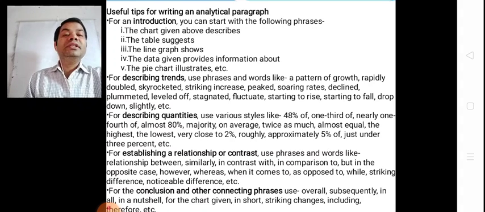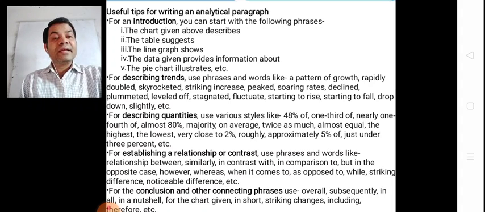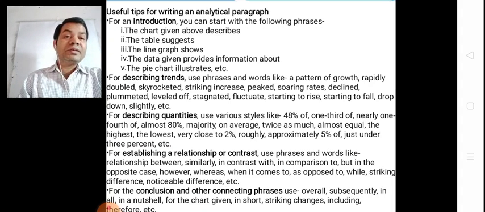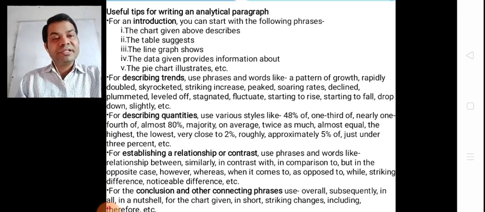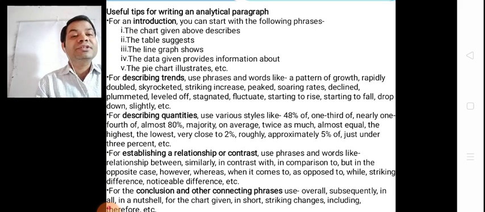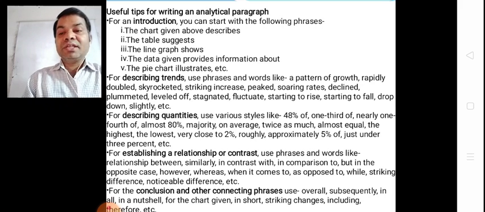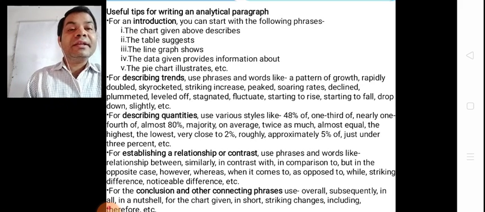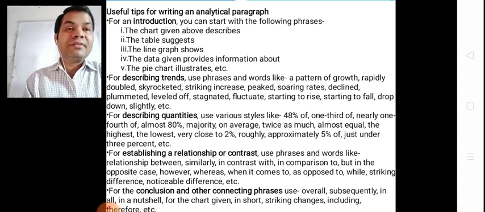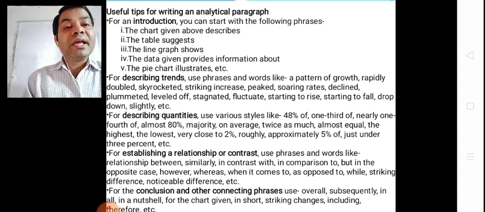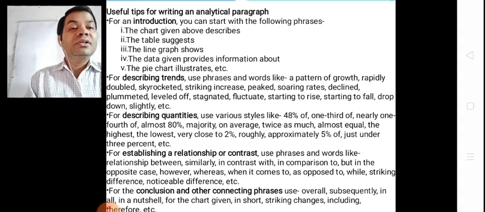So, dear students, for writing an analytical paragraph, you must remember all these points which are very important. So all these tips are very useful while writing an analytical paragraph. For an introduction, you can start with the following phrases.